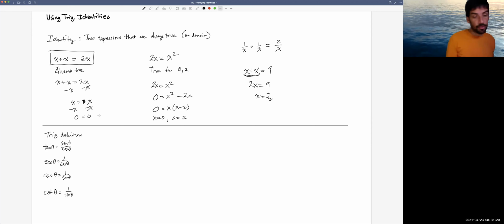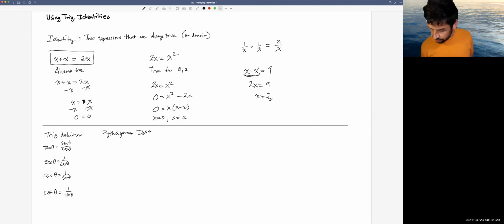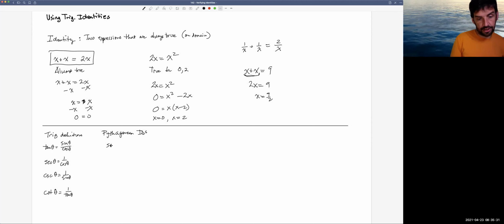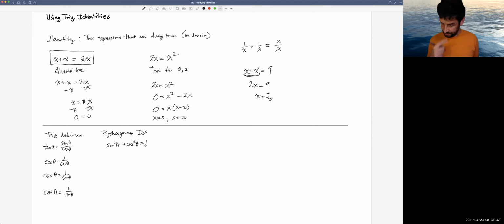Okay. We've also seen the Pythagorean identities. So we've got sine squared theta plus cosine squared theta is equal to 1.